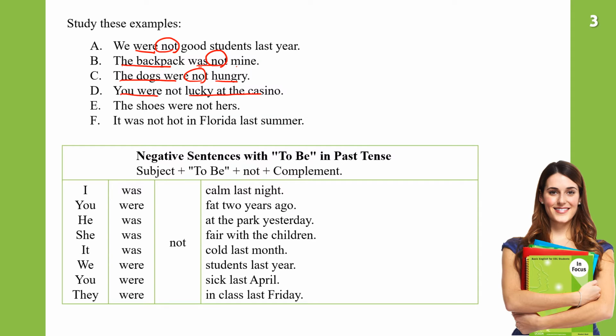You were lucky at the casino. You were not lucky at the casino. The shoes were hers. The shoes were not hers. It was hot in Florida last summer, but somehow it was not hot in Florida last summer.